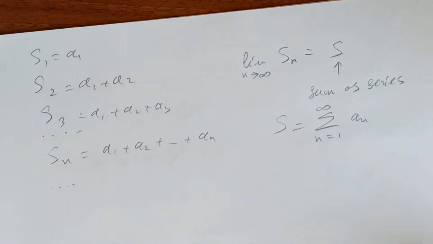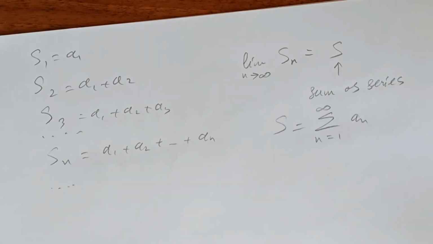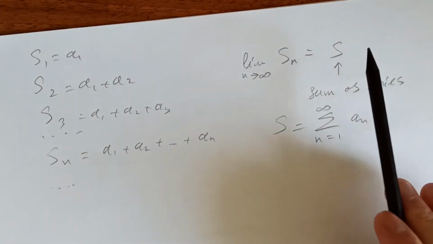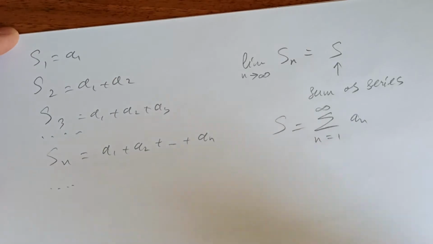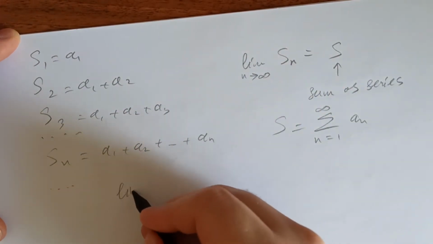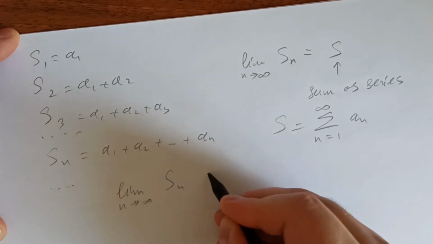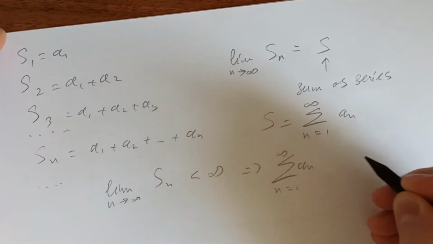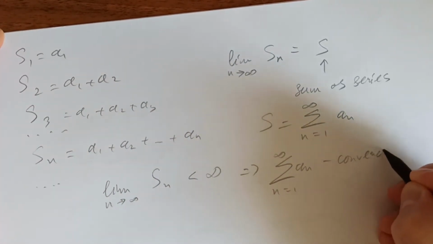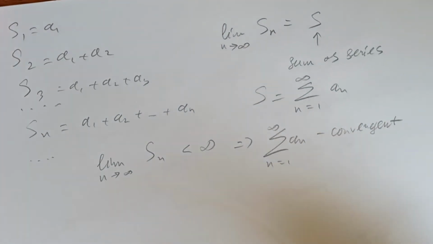This is how we calculate the sum of the series, and if this limit exists, if this number is finite, then we say that this series converges to this number S. So if the limit as n tends to infinity of S_n is less than infinity, then sum n from 1 to infinity of a_n is convergent. If not, we say that it does not converge.